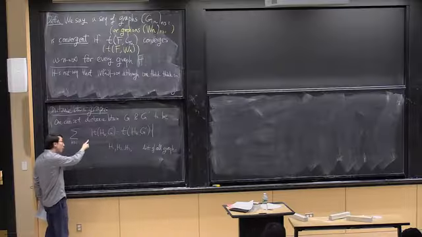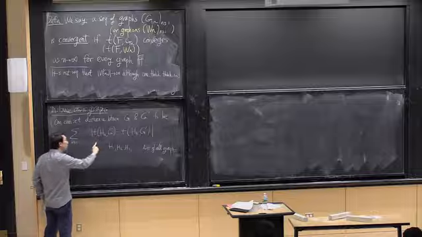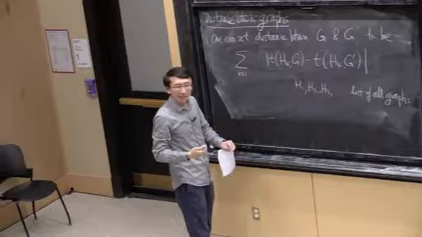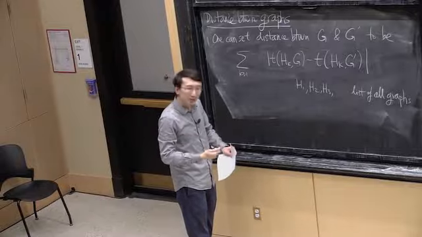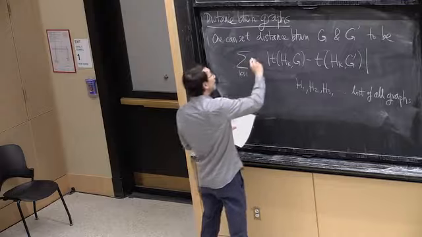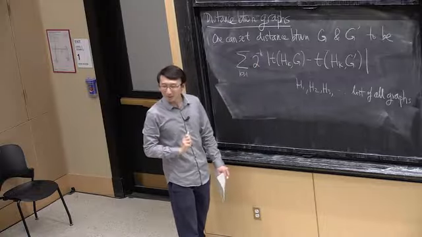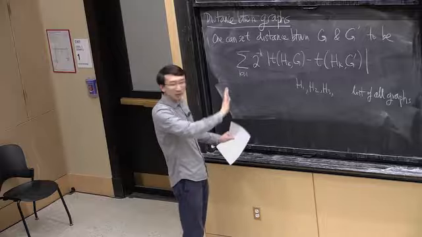I want to be slightly more careful with this definition because this number might be infinite for all pairs G and G prime. So if I just add a scaling factor here, then this is some distance.